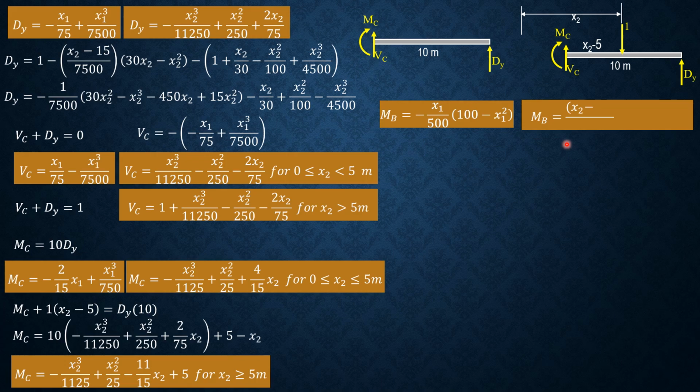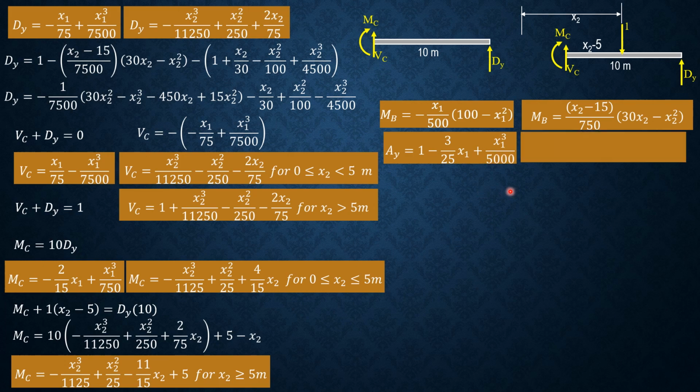And MB in terms of x2 is (x2 minus 15) over 750, quantity 30x2 minus x2 squared. Then let's plot everything. This is AY in terms of x1: 1 minus 3 over 25 x1 plus x1 cubed over 5,000. Then in terms of x2, AY is (x2 minus 15) over 7,500, 30x2 minus x2 squared.